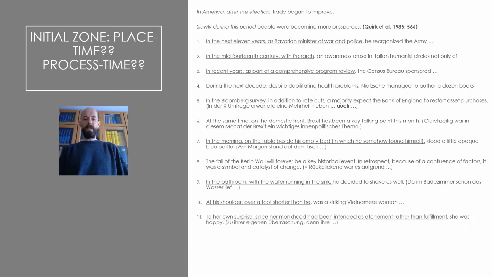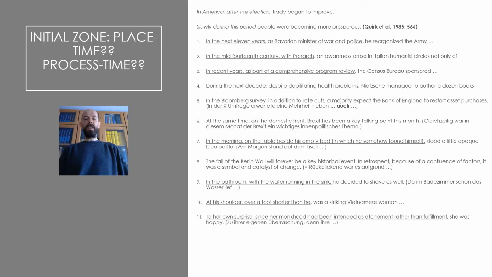Another example, in the mid-14th century with Petrarch, so time before another constituent, which might also be described as a temporal constituent though, an awareness arose in Italian humanist circles not only of blah blah blah. Or, in recent years, as part of a comprehensive program review, the Census Bureau sponsored.